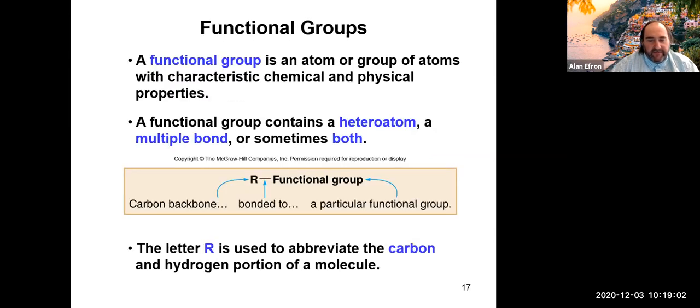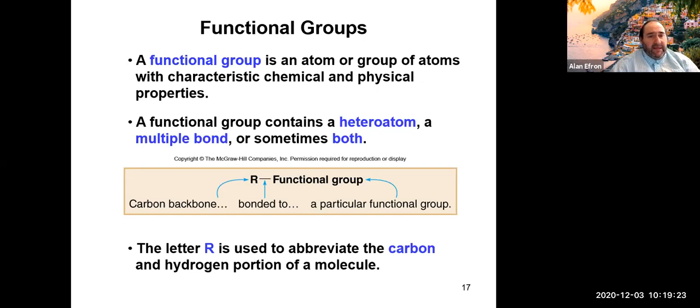So, as I mentioned before, functional groups are really important in organic molecules. They basically tell you what class of organic molecules you are dealing with. And depending on those functional groups, you may end up with something that has different properties than, say, the alkanes.